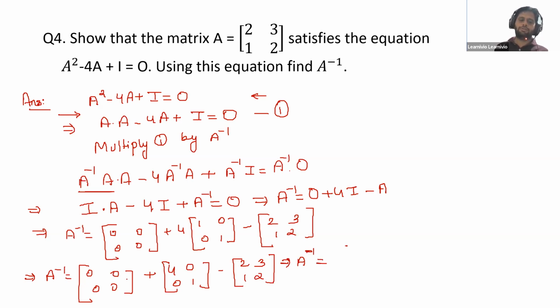Please solve this. 4 minus 2 will give you 2. Then 0 minus 3 will give you minus 3. 0 minus 1 will give you minus 1. And 1 minus 2 will give you minus, oh sorry, here we will get a 4. We will multiply this matrix with 4, we will get a 4. 4 minus 2 will give us 2. Okay, this clear, Abdur?